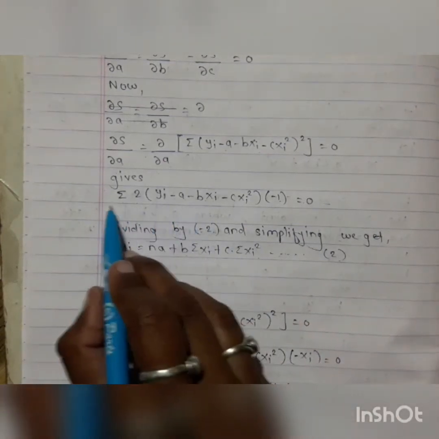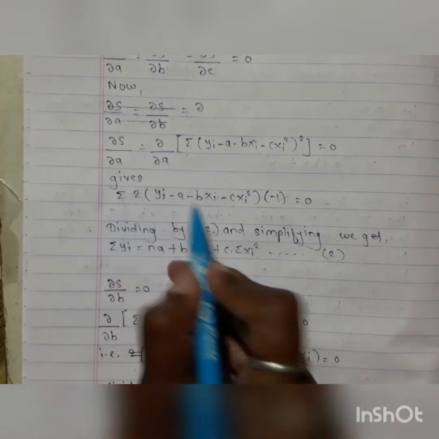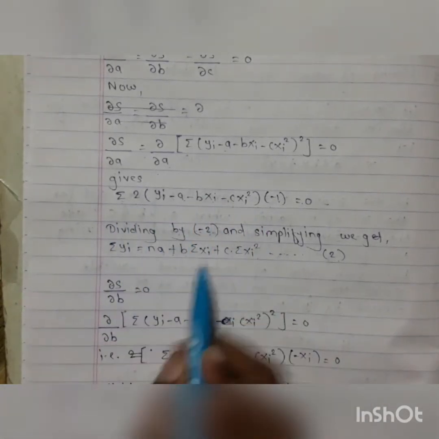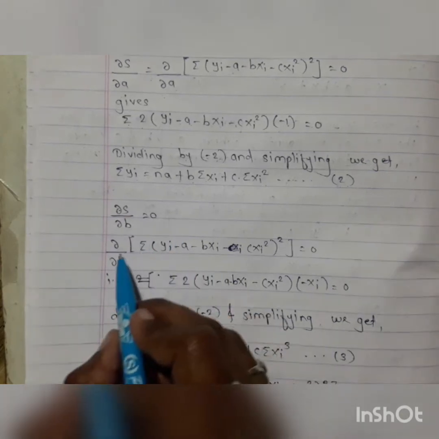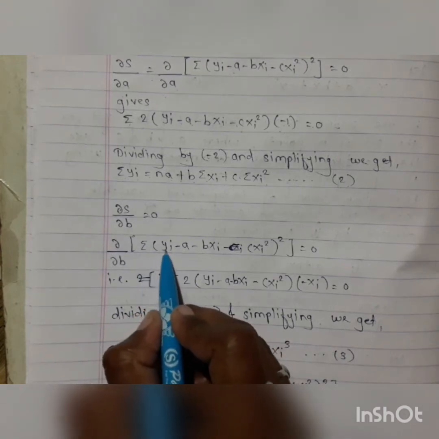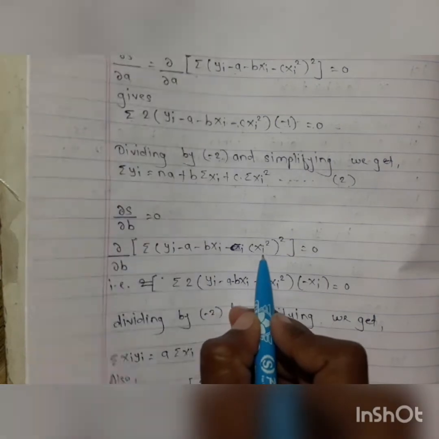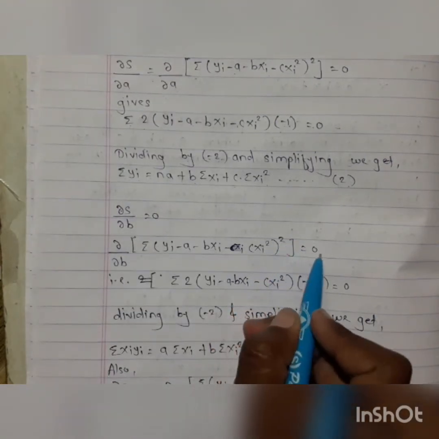That is, divide this term by minus 2, apply the summation and separate the terms, we get this. Then next differentiate S with respect to b is equal to 0, that is, partial by partial b of summation (yi minus a minus bxi minus cxi square) whole square, equal to 0.